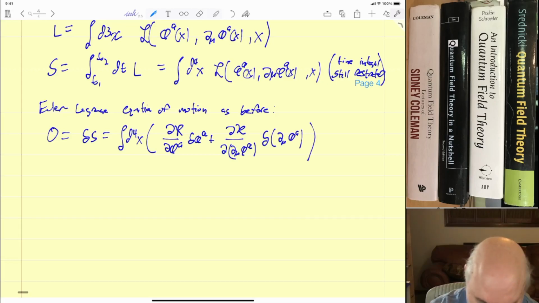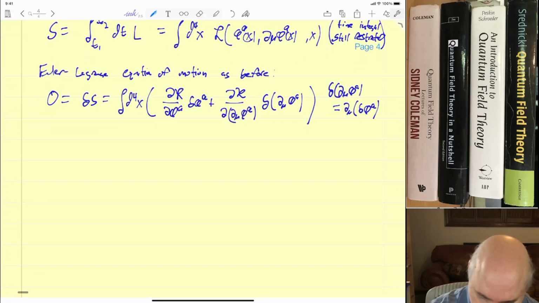But really it's a minor extension. And you can easily verify, the same thing as in the other case, delta of partial_mu phi_a is equal to partial_mu of delta phi_a. We also have that the fields satisfy the following conditions: all over space, but at t1 and t2, there's going to be no variation in the fields. Same thing as we did before.